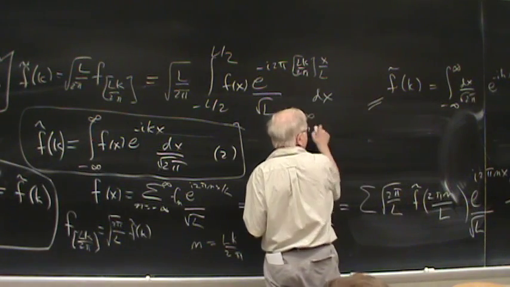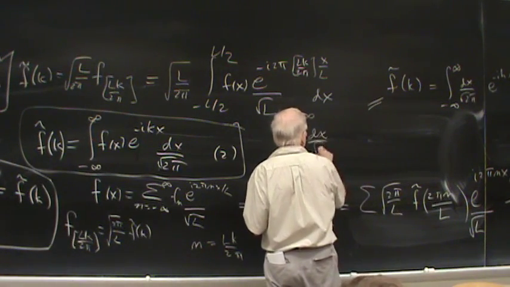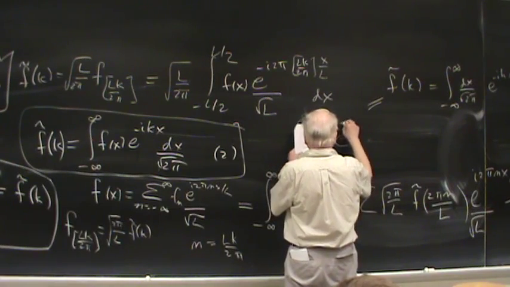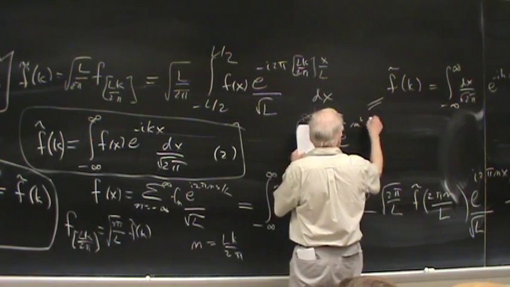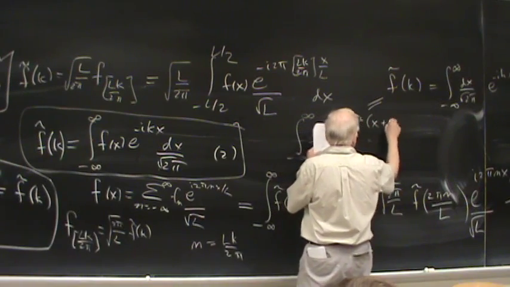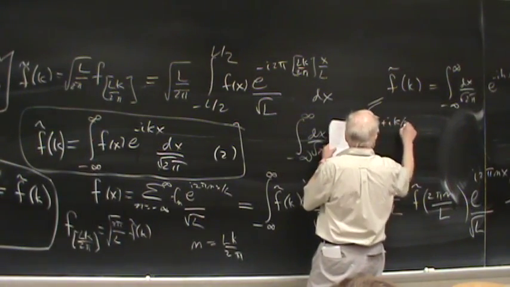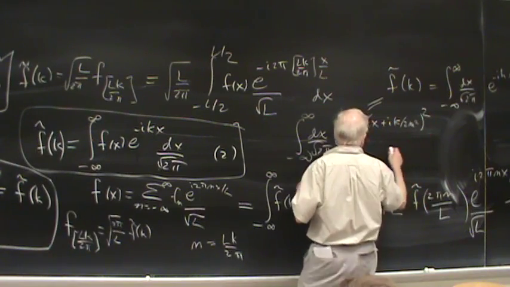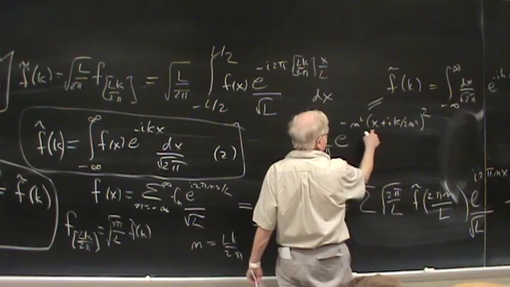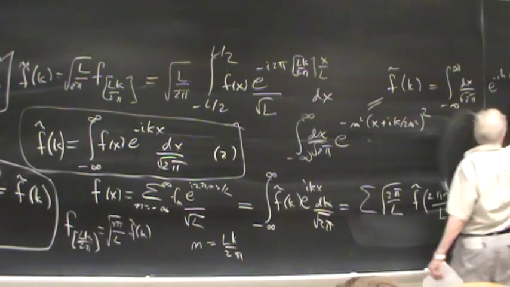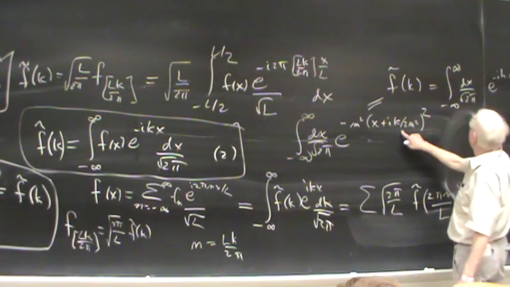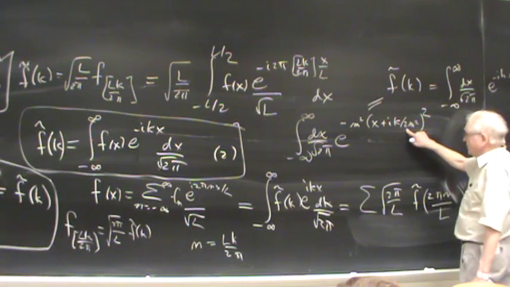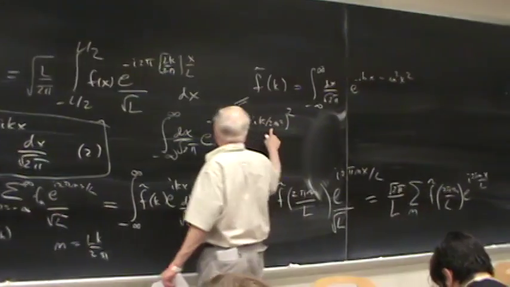Minus infinity to plus infinity dx over root 2 pi e to the minus m squared times x plus ik over 2m squared, all squared. Now you see the leading term, x squared, gives you that. The cross term gives you that. And then this term gives you something new, which you have to cancel.